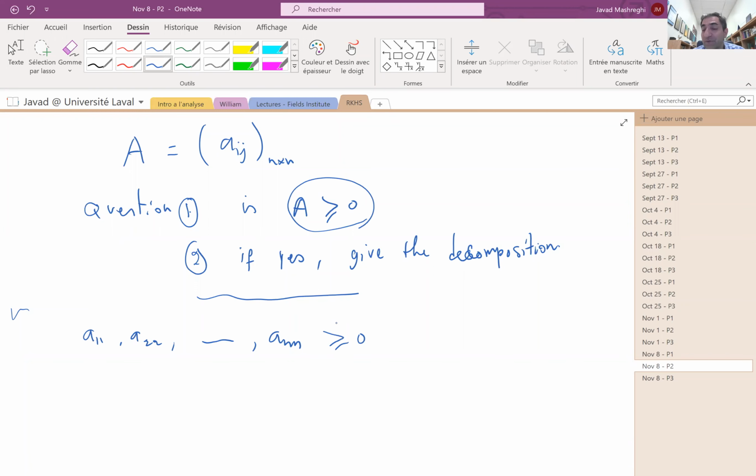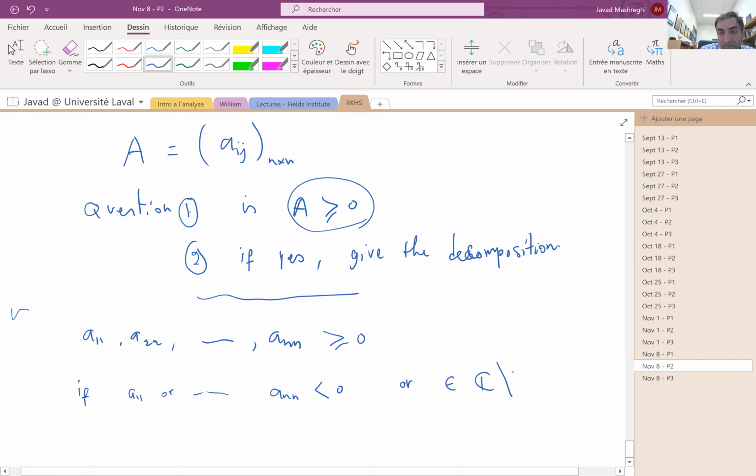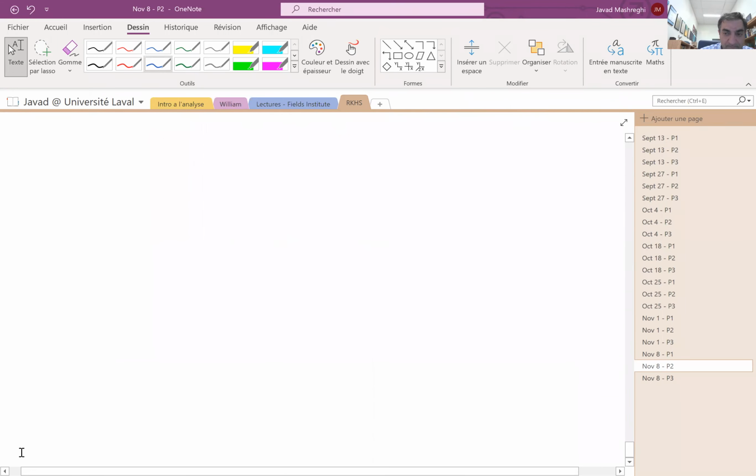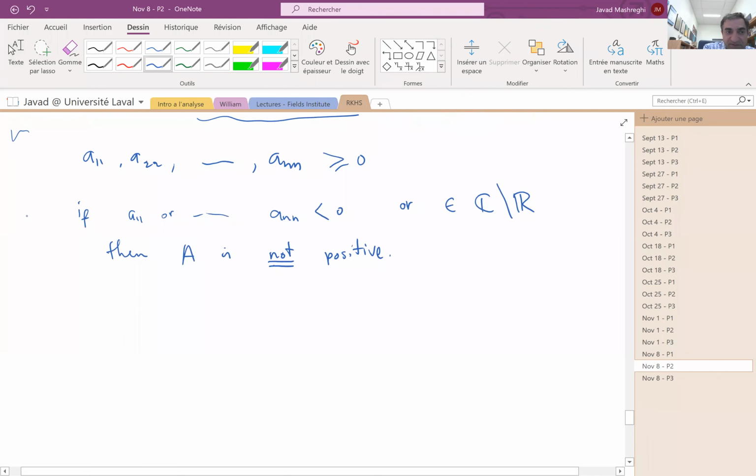So the answer to question 1 is no. So if any of these is smaller than 0, or belongs to C not R, then for sure A is not positive. So that's the first thing to check.